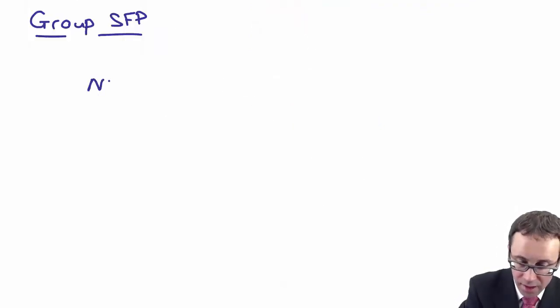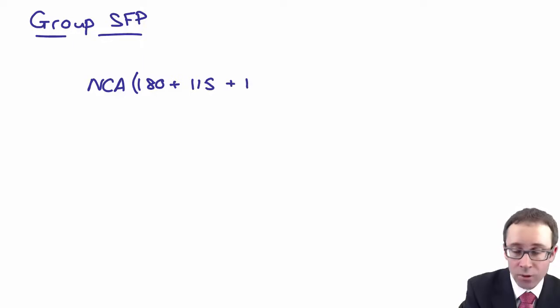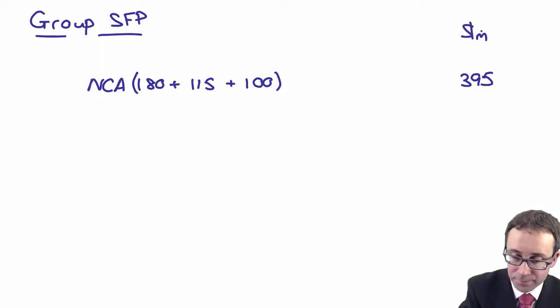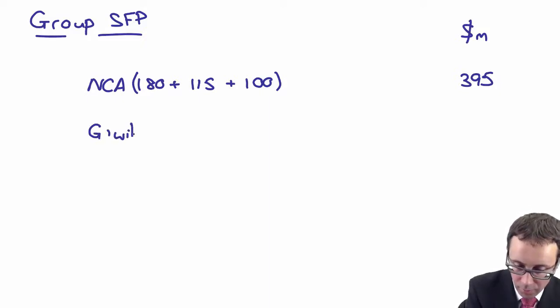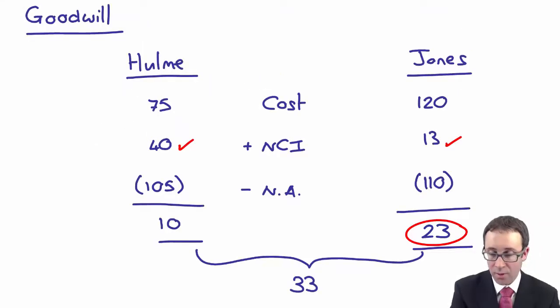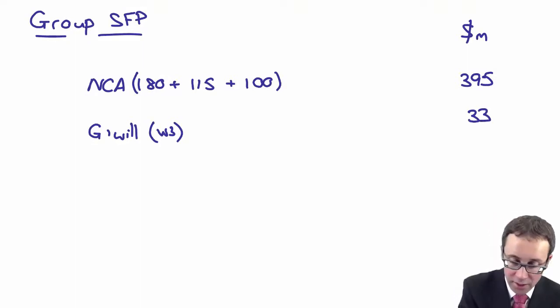So my non-current assets are 180, 115, and 100, which gives me 395 million. The goodwill, which is working 3, was 33, so we can add 33 in there.